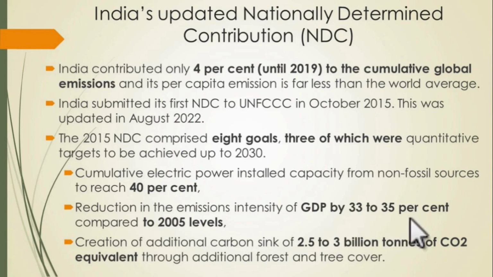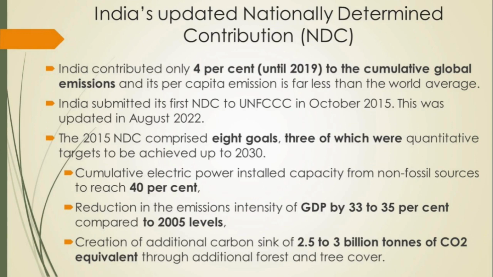Then the third important quantitative target. What is the third important quantitative target? Creation of an additional carbon sink of 2.5 to 3 billion tons of CO2 equivalent through additional forest and tree cover. So India has said we will create an extra 3 billion tons of CO2 equivalent carbon sink. How are you going to create it?